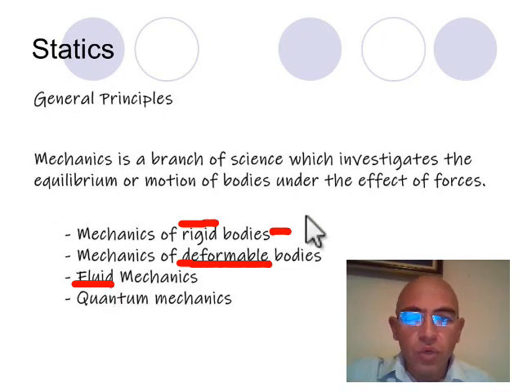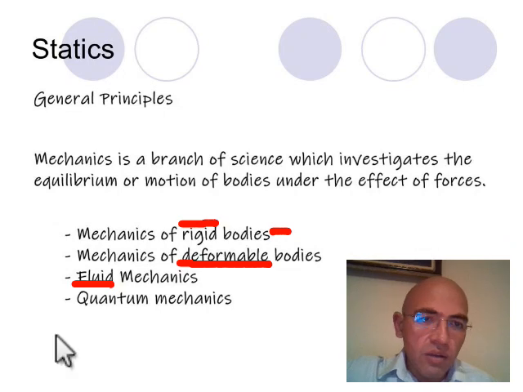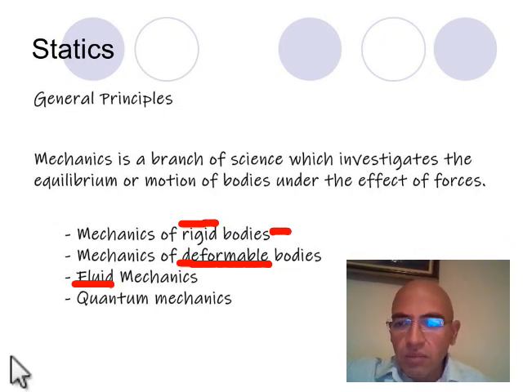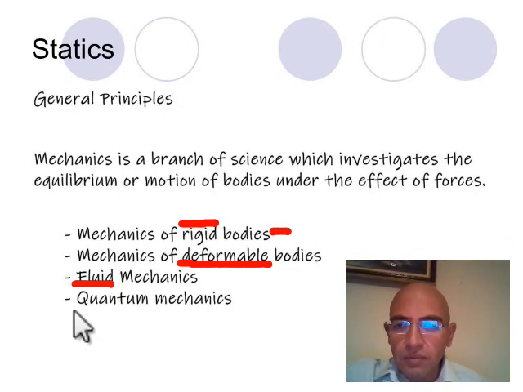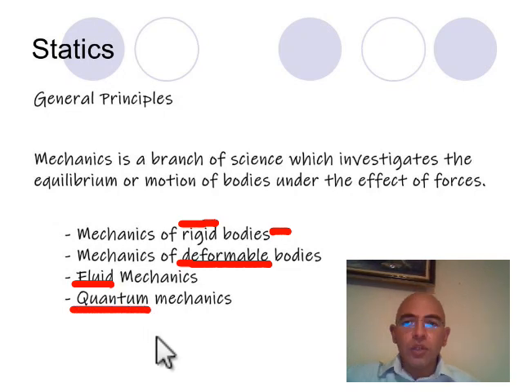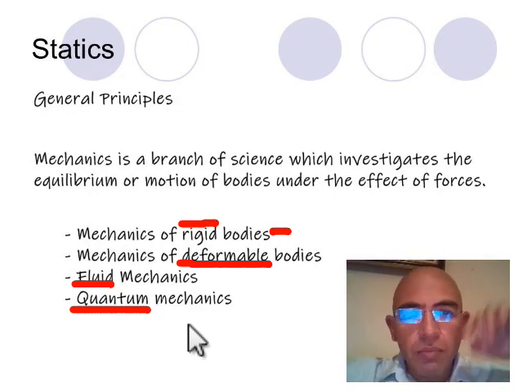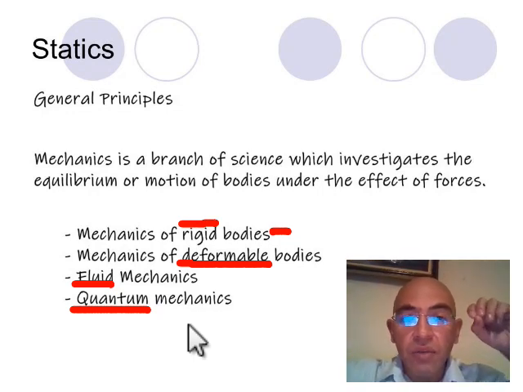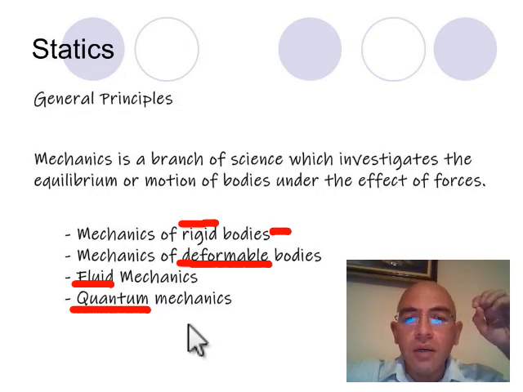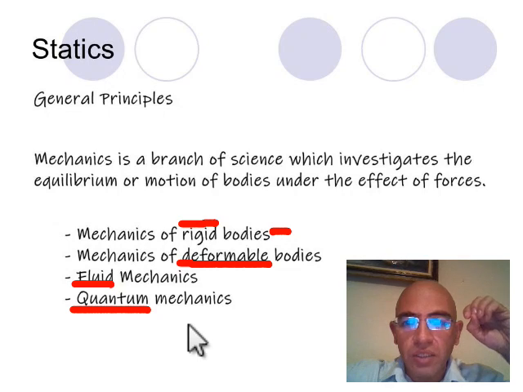And the last one is quantum mechanics. We don't use it very often, but of course here the word is quantum. So what's a quanta? Basically, quantum mechanics investigates the behavior of a particle at a microscopic level, for example, the electrons.